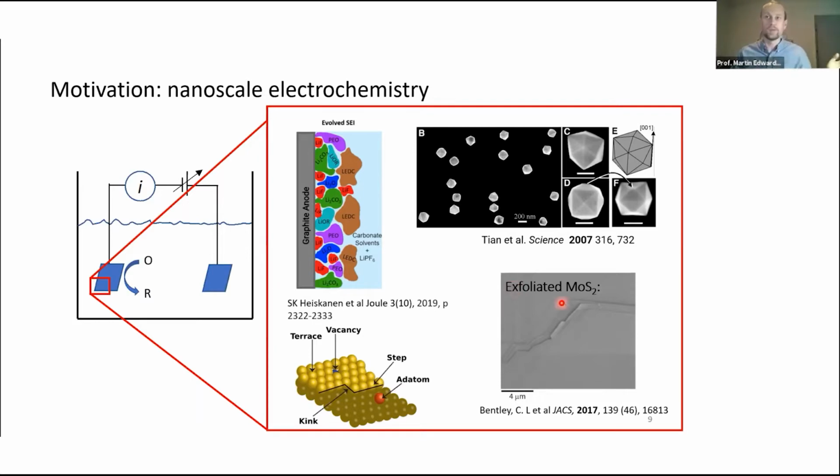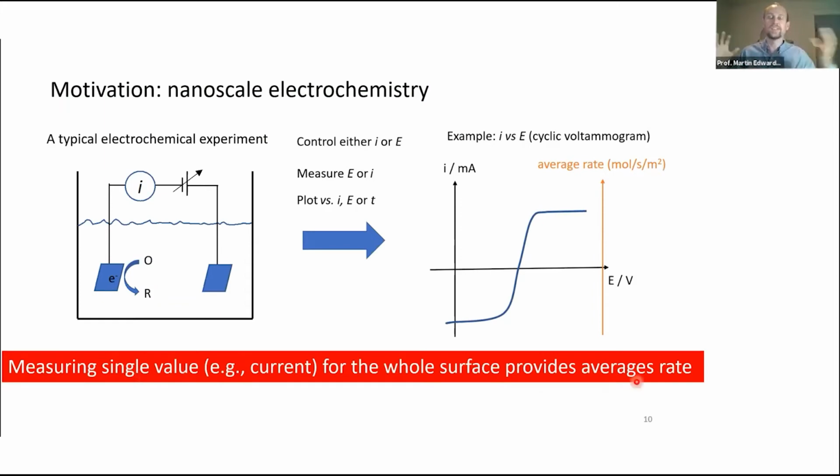Two-dimensional materials, we've just had a whole talk on, so I don't need to mention anything about them. And you'll have to trust me, I'll show you this later. The electrochemical behavior of each and every part of this electrode can be different. And so taking one average measurement, a single value for the whole surface, is just averaging all of those processes out.